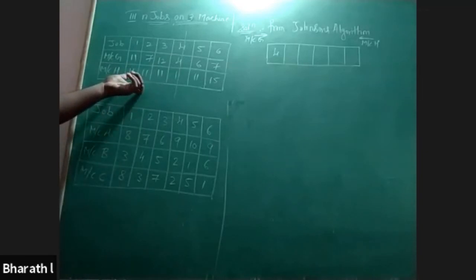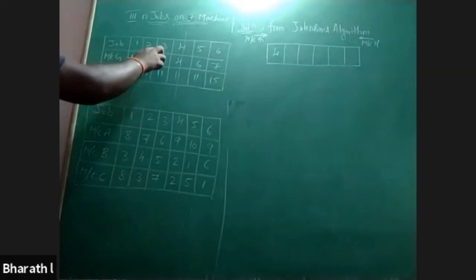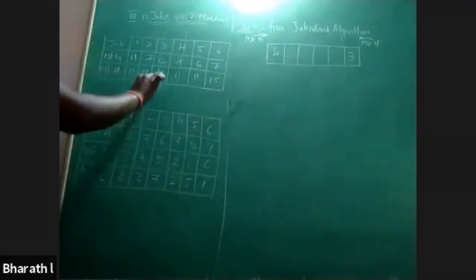We need to identify the job having the highest processing time in the other machine. Job 3 has more processing time, so we assign job 3 here and cancel.